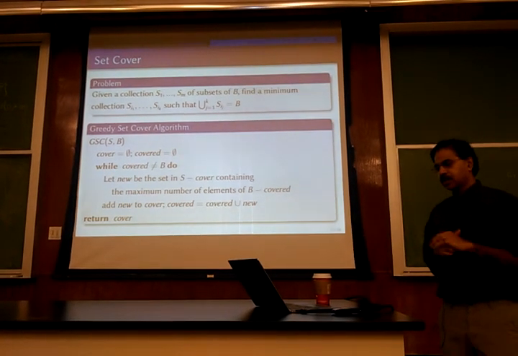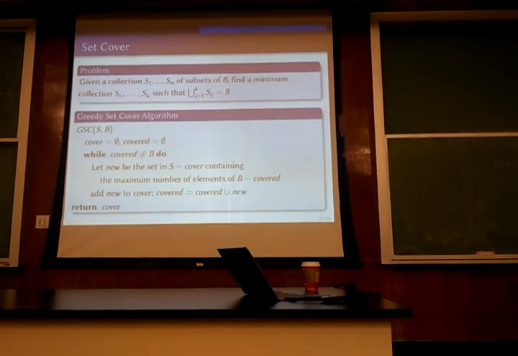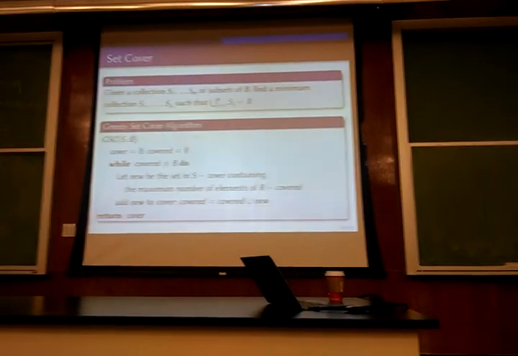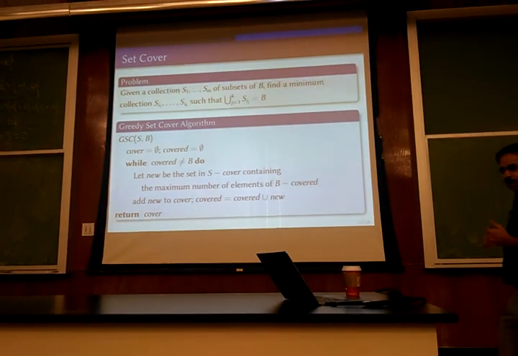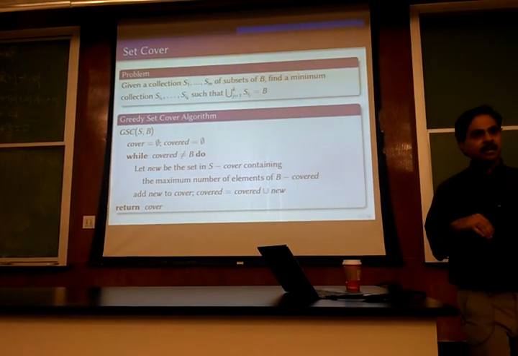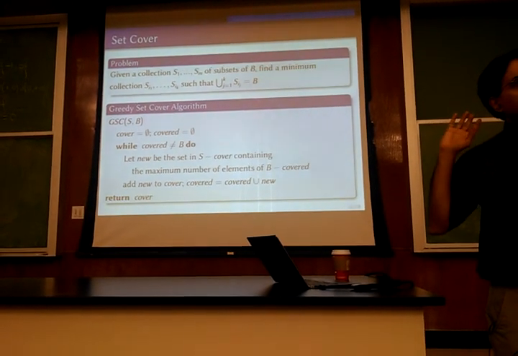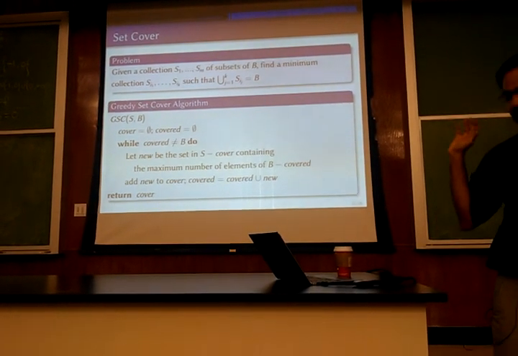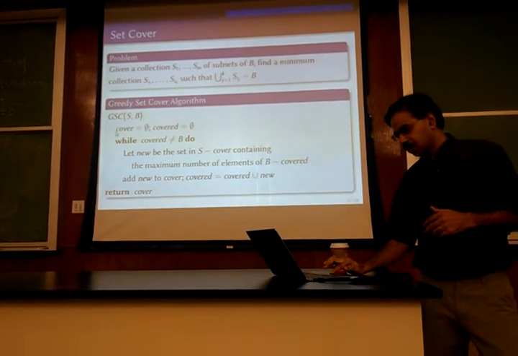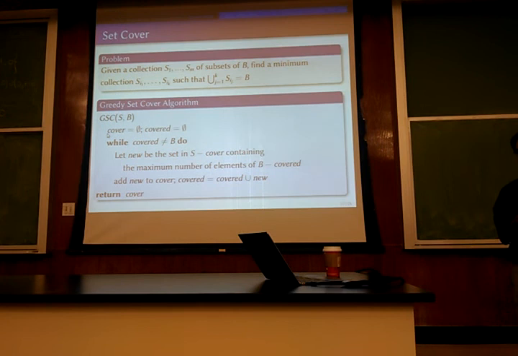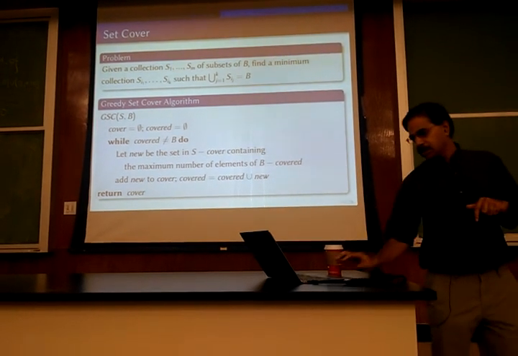Okay, so let's talk about a greedy algorithm for this. It's again very intuitive. What you try to do is pick a set that maximizes the number of uncovered elements. Okay, so that's the idea. So let's go through this step by step. Initially the set cover is empty and covered equals empty, right?